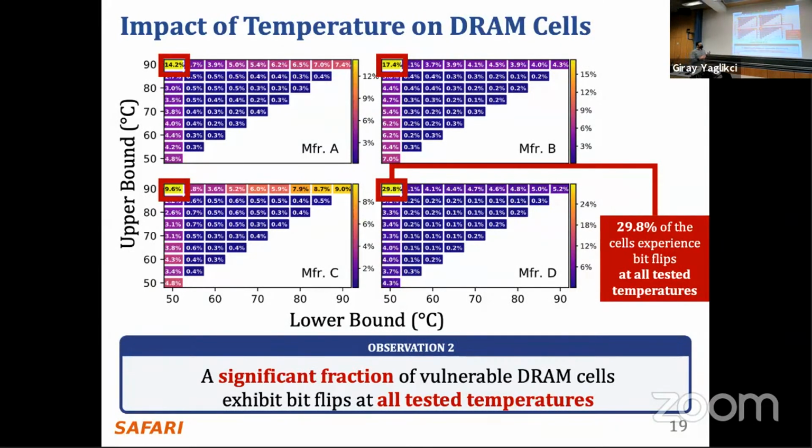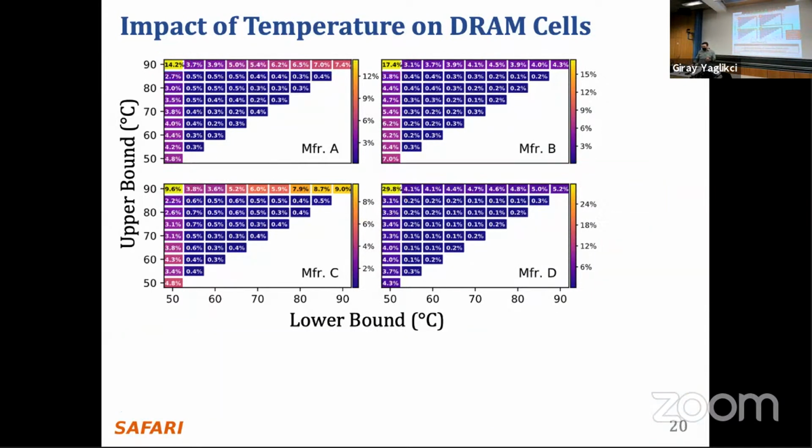We conduct our tests in a range of temperatures from 50 degrees Celsius to 90 degrees Celsius. And we observe that, for example, here, 29.8% of the cells experience bit flips at all tested temperatures from 50 to 90 degrees Celsius. So there's a quite significant fraction of DRAM cells that are vulnerable at all temperature points.